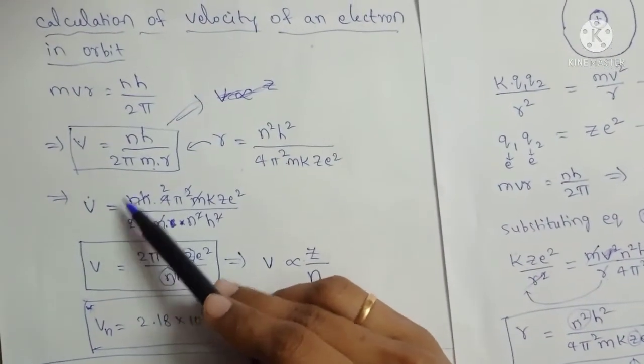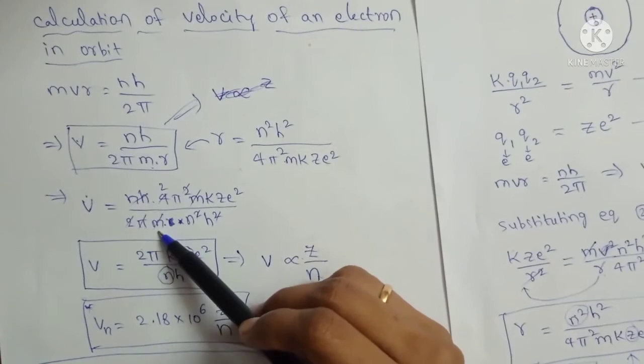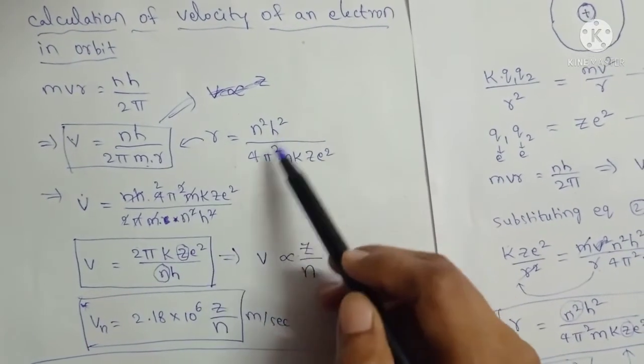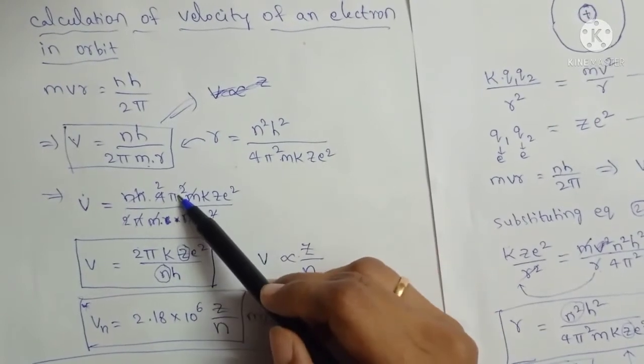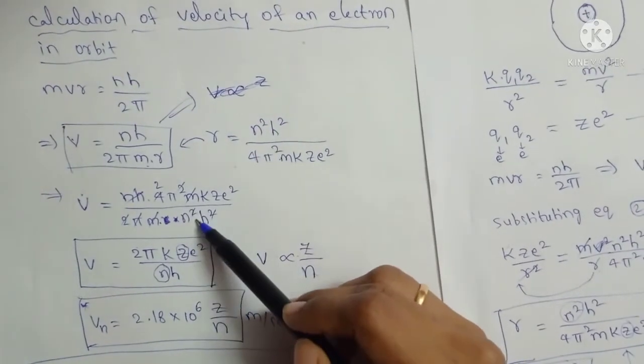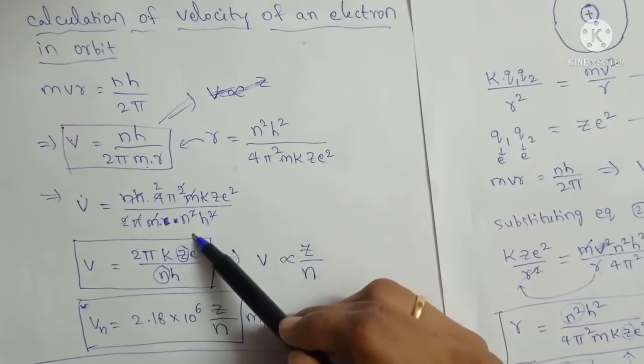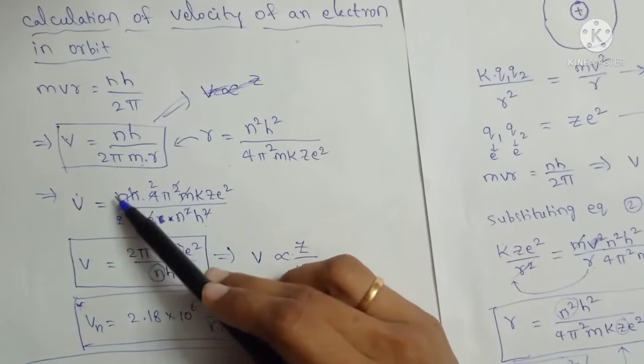So v equal to nh by 2 pi mr. In place of r we can substitute this equation, so this will go upside and this will become downside: 4 pi square m k Z e square over n square h square.